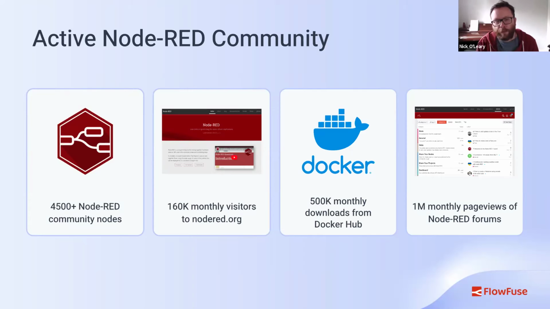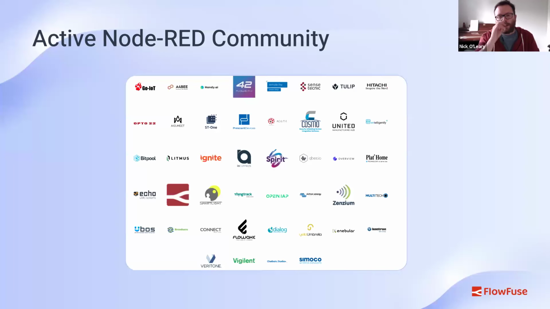And the contributions people make to the community, really extending what Node-RED can do by publishing nodes into the community. I think we're at about 4,800, I think I saw last week, so getting close to that 5,000 mark. That's testament to the community and the popularity of Node-RED and what we know it can be turned to.